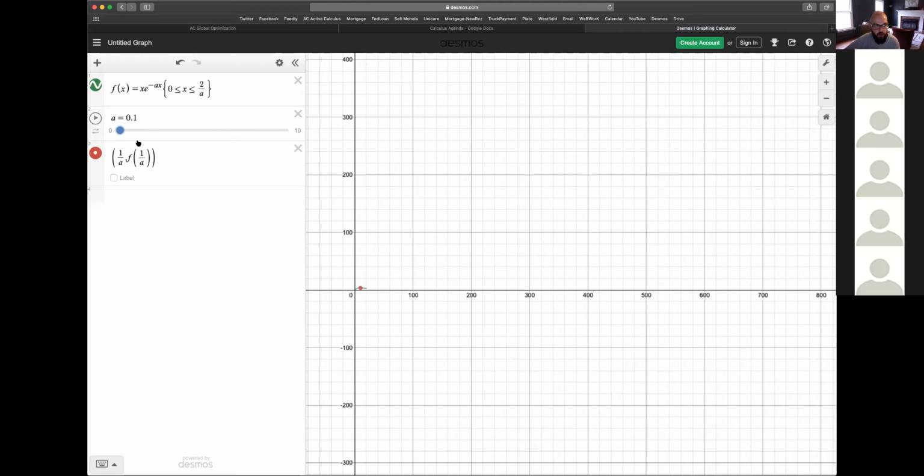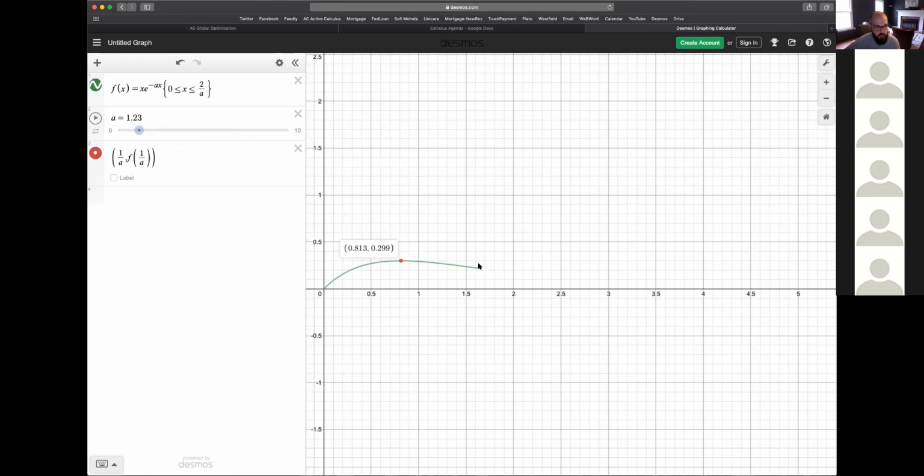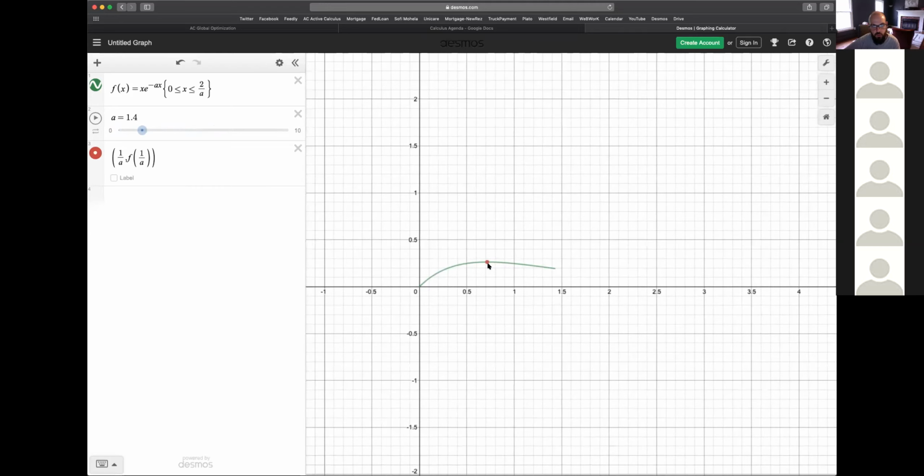And as we make a bigger and bigger, our outputs get smaller, but this is still our maximum. And we never have anything that goes below 0. Our outputs do get small, but they never go negative. So our global max for this family is always going to be at 1 over a, and our global min will always be at 0.